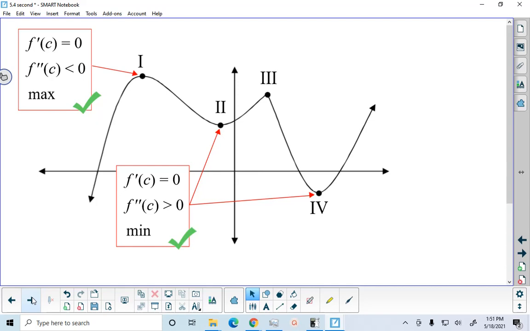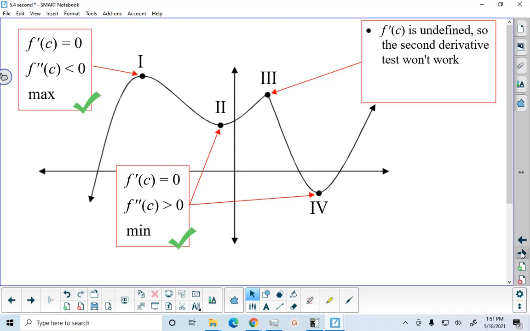But if you go to point 3, what did we say about the first derivative? We said the first derivative is undefined. That means the second derivative test is not going to work.